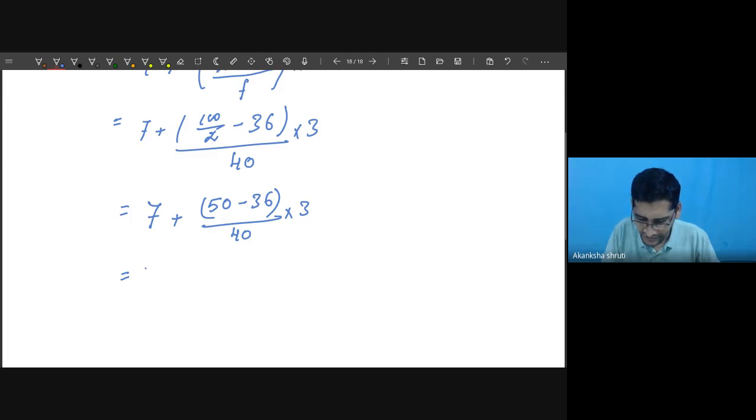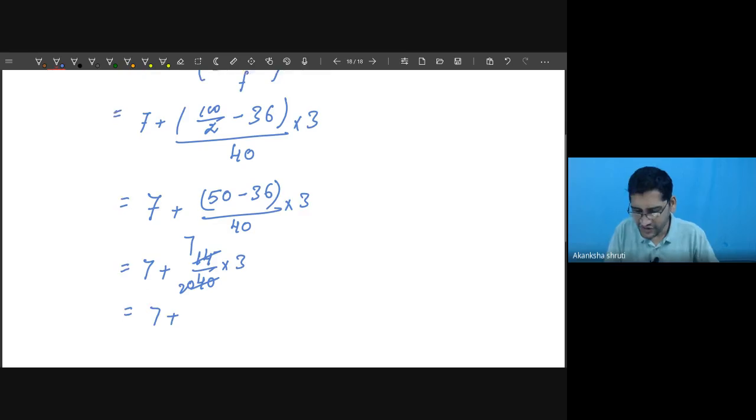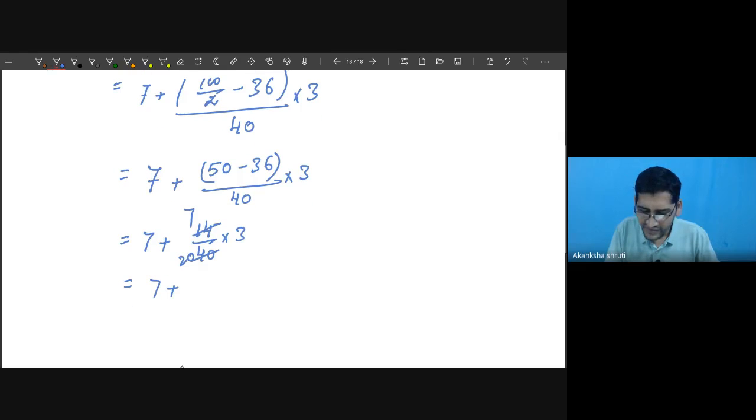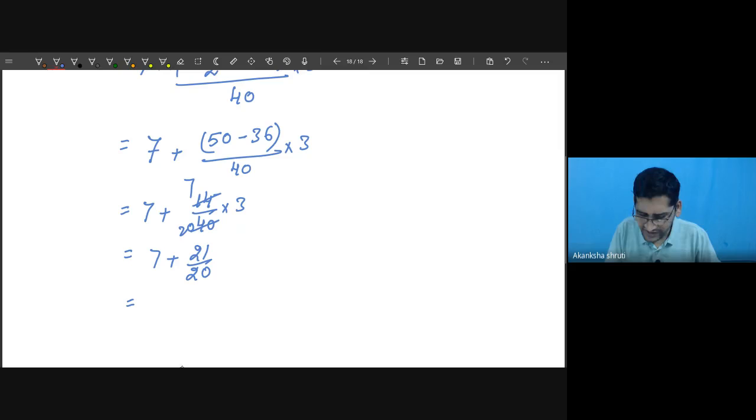Let me write it step by step. So 50 minus 36 is 14, divided by 40, into 3. If you wish, you can cancel this by 7 and then 20. So it becomes 7 threes are 21 by 20. Go for dividing it.